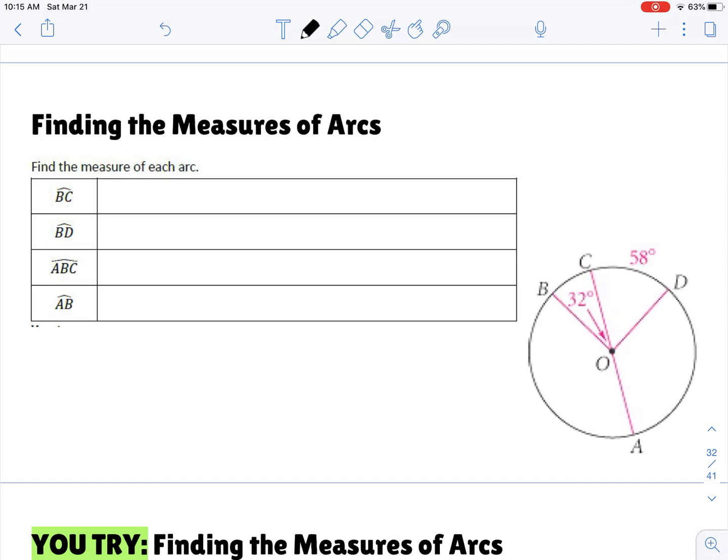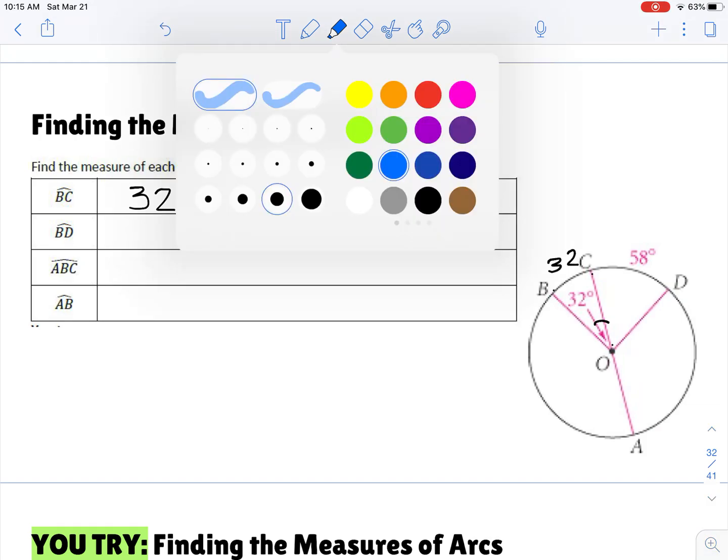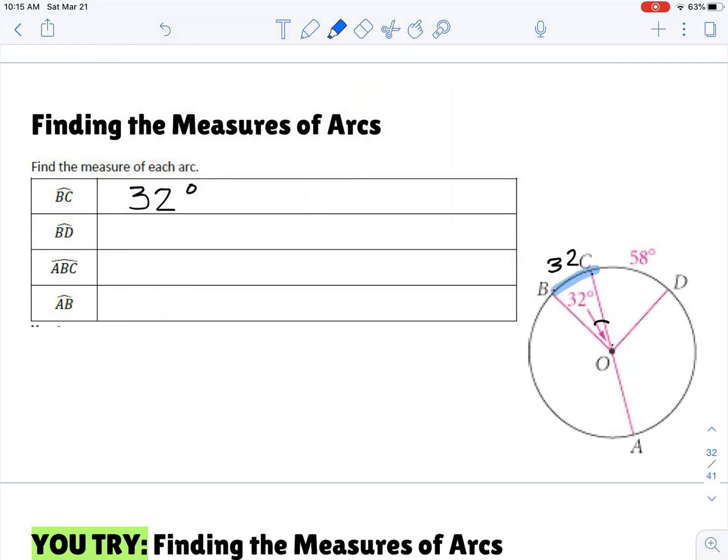All right, so let's practice finding the measurements of arcs. Arc BC is matching up with the central angle, angle BOC. So if this is 32 here, this would also have to be 32 degrees because they're the same. Arc BD goes from here to here.